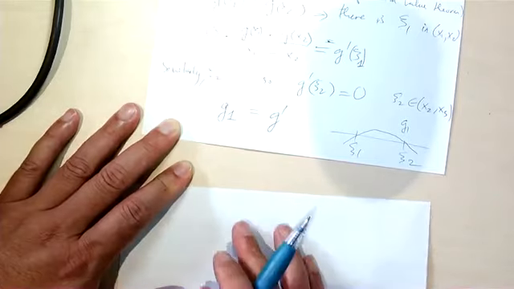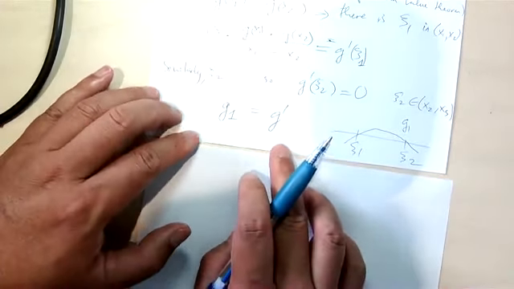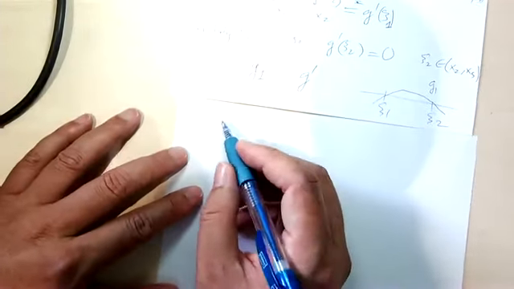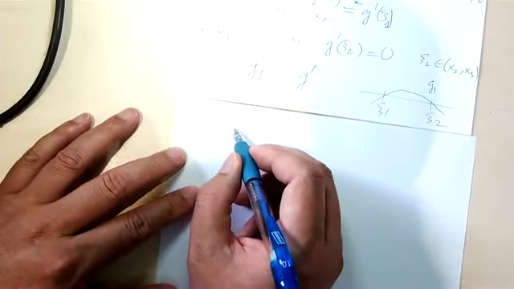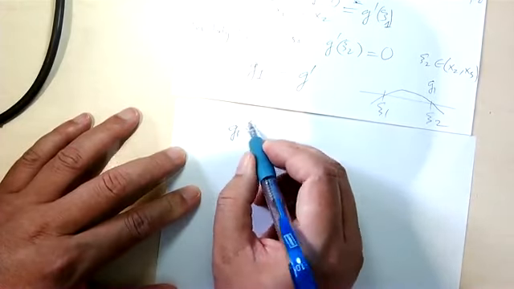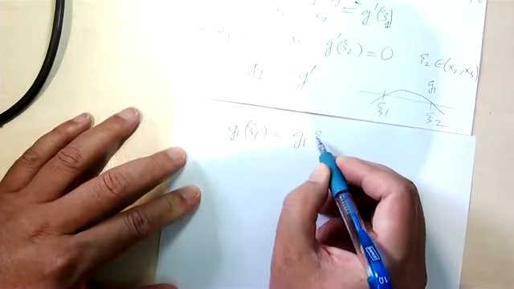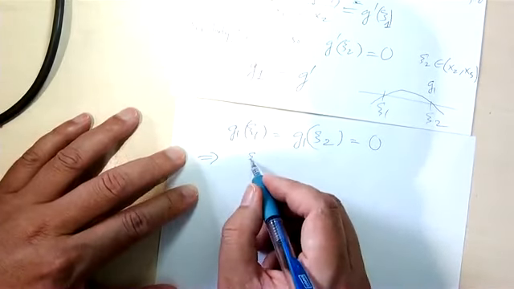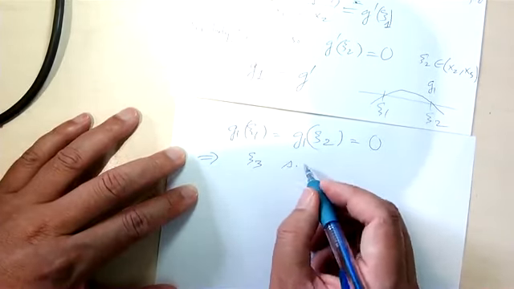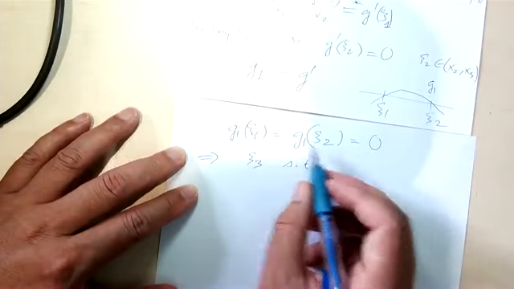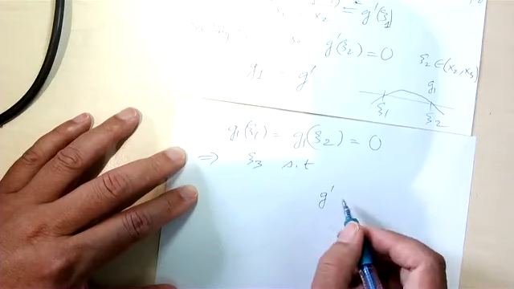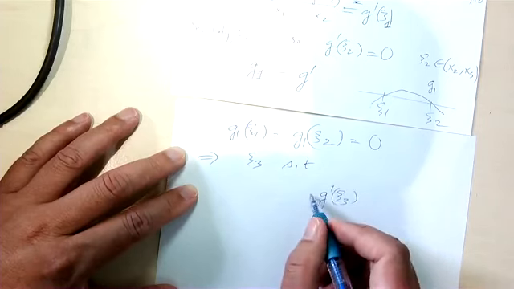And now you apply Rolle's theorem again. So g1(psi 1) equals g1(psi 2) equals 0. So there is a psi 3 in the middle of psi 1 and psi 2, so that g1 prime of psi 3 equals 0.